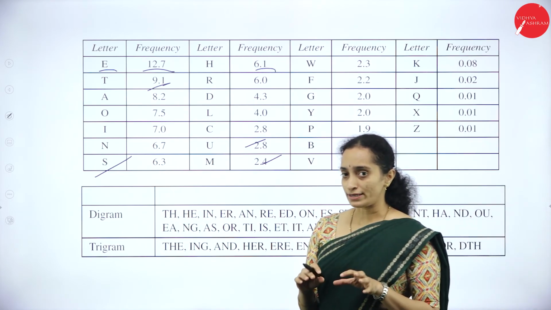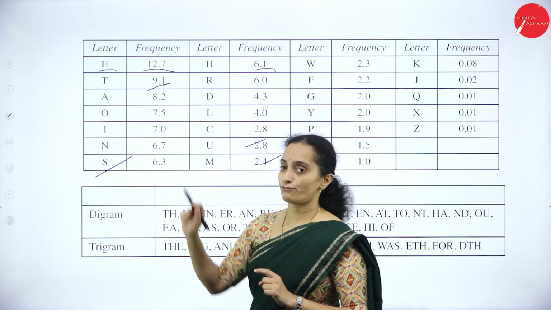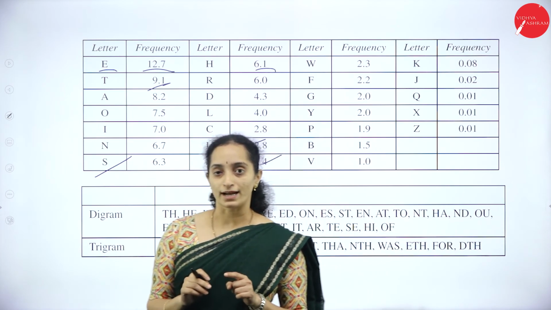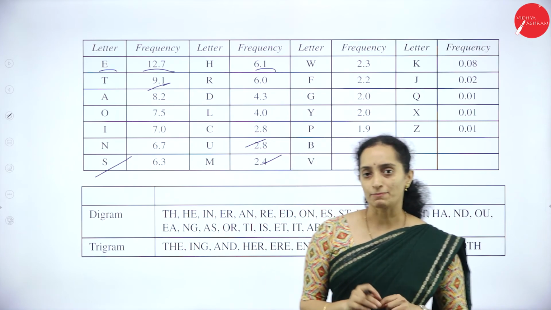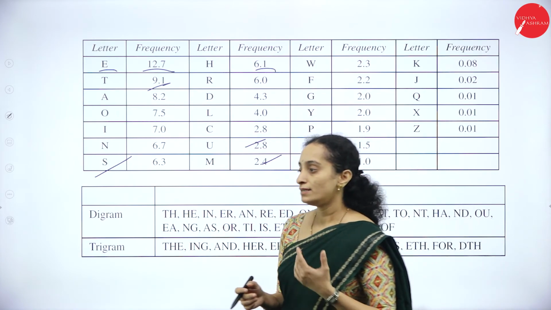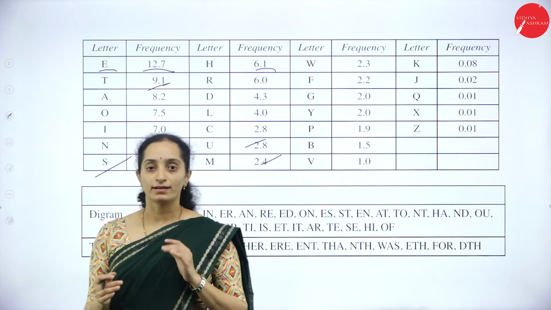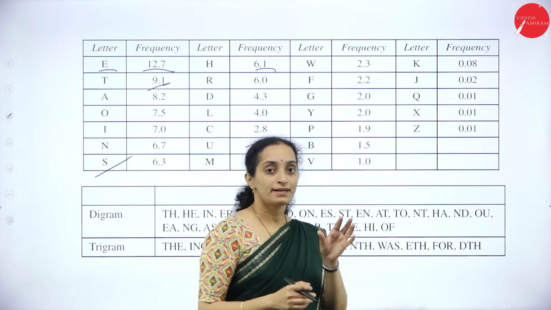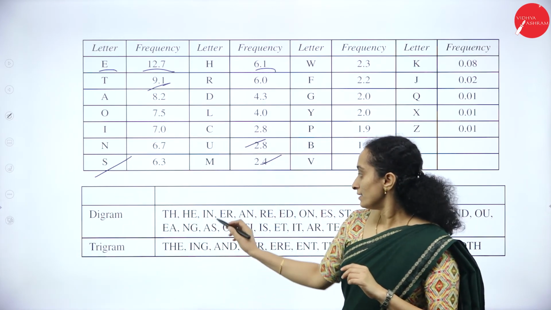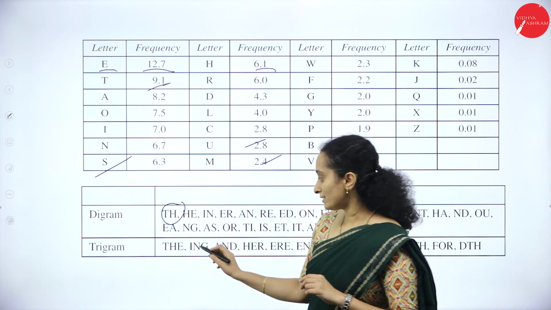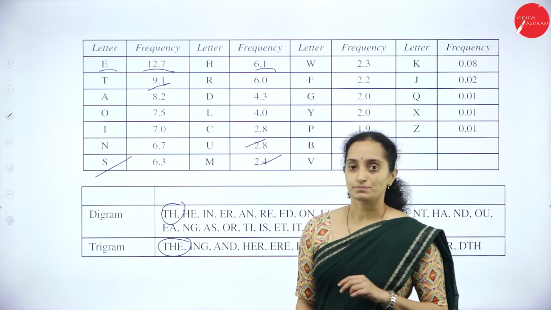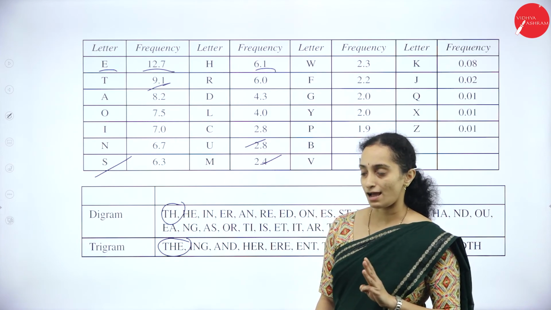However, it is not enough to get the frequency of the alphabets. Along with that, you have to predict the words. What type of words are repeated? For that, they have a list of frequently repeated words, sometimes words with 2 alphabets, sometimes words with 3 alphabets.